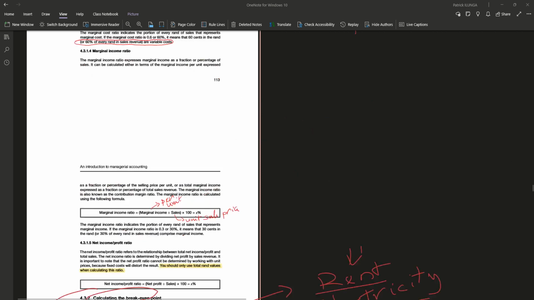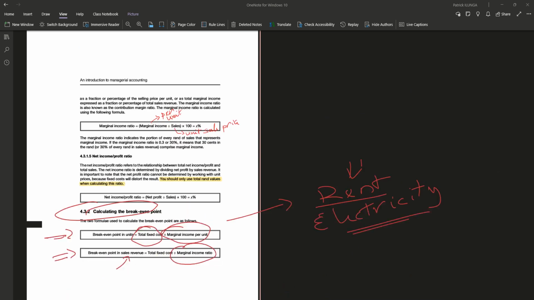And the same logic applies to marginal income. When you're looking at a marginal income ratio of 30%, it means that 30 cents in the rand of sales revenue comprise the marginal income, right? And obviously, you all know the net income ratio. For the net income ratio, you're looking at the net profit.